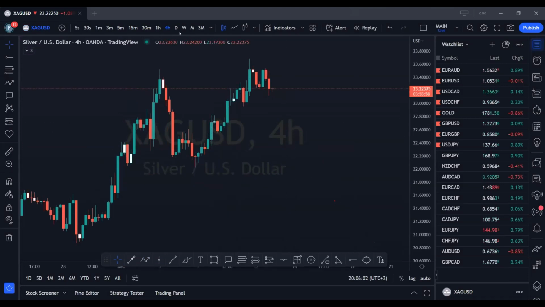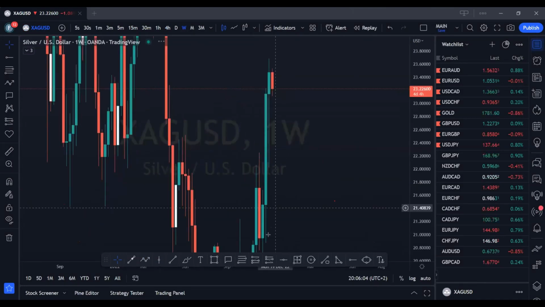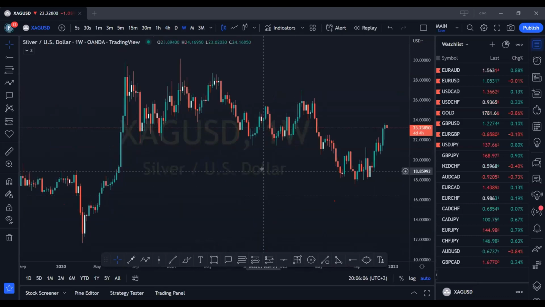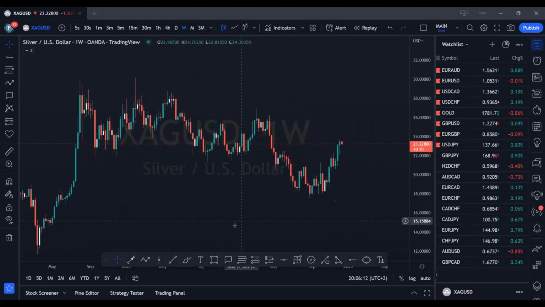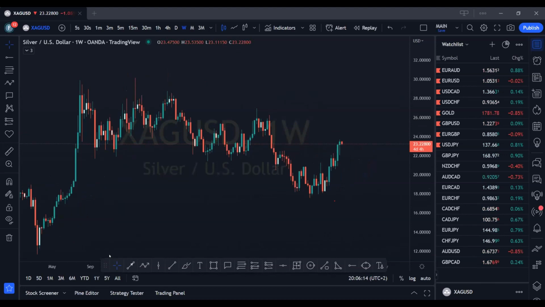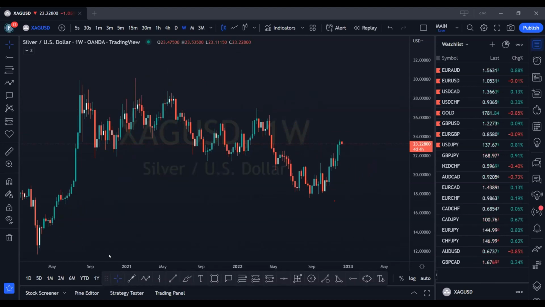All right, so silver, let's go to the weekly chart. This will be our last setup for today, possibly. So this is the weekly time frame. Guys, I recommend that when you are doing your analysis, you take into consideration multiple time frames.